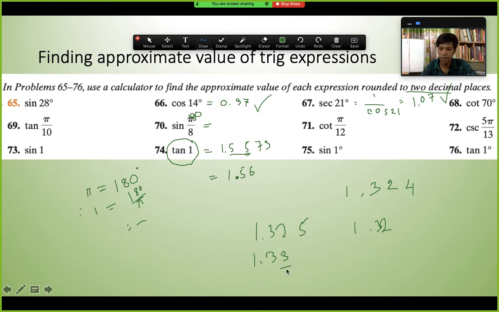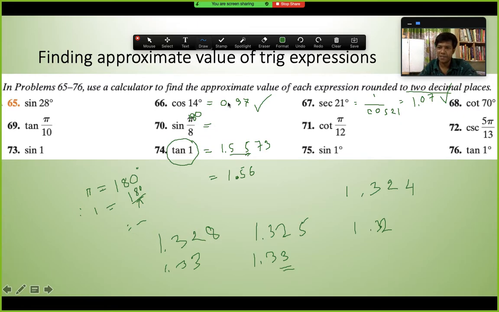If the number is 1.328, you still have to add 1 here, so it becomes 1.33 if we round up. So the rule is, if we are taking 2 decimal places, we look at the third decimal place, and if that third decimal place is 5 or more than 5, we have to add 1 to the second decimal place. Okay, so this is the rule.